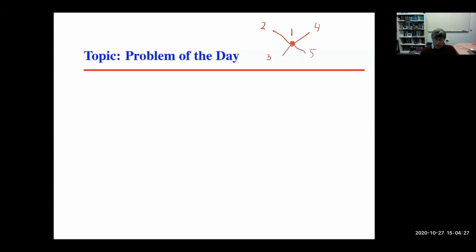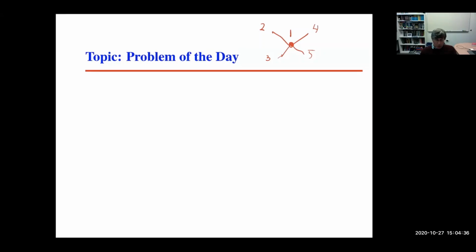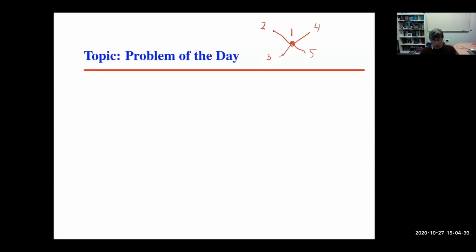Okay. This is an unweighted graph. If we put the vertices down in the order 2, 3, 1, 4, 5, and we assume that these numbers are spaced 1 unit apart from each other, the length of this layout is 2, because the edges 1, 2 and 1, 5 in this permutation are of length 2.